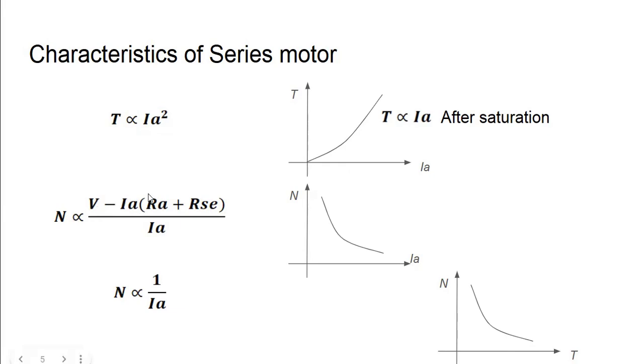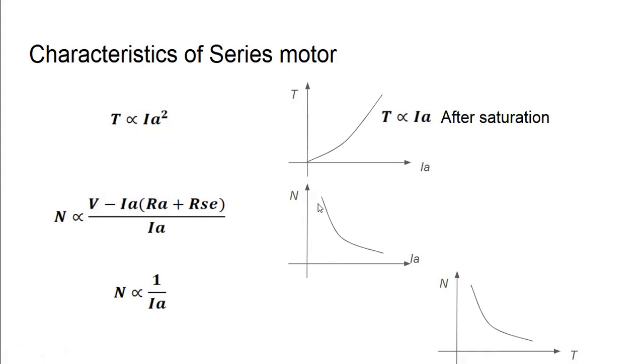Therefore, we can neglect IA into RA plus RSC, and we can assume that the change in speed with respect to IA will be more when compared to the change in speed with respect to the numerator. So we can neglect the contribution of the change due to IA into RA plus RSC, so that we can directly write the speed is inversely proportional to IA alone, because this will not contribute much change.